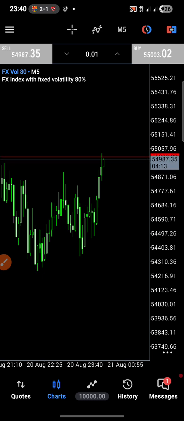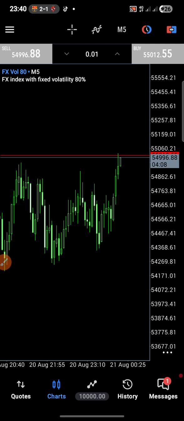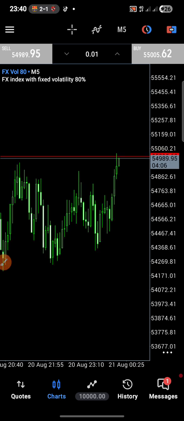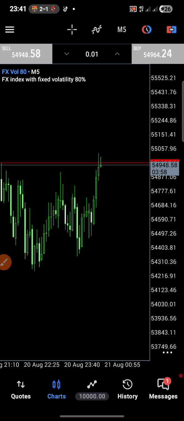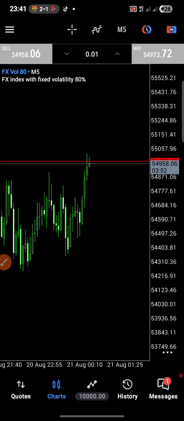So let's compare these synthetic indices. First thing you should take note of is that these synthetic indices are generated by algorithms, as compared to traditional assets which are based on global currency markets, if you are trading forex, stuff like that.